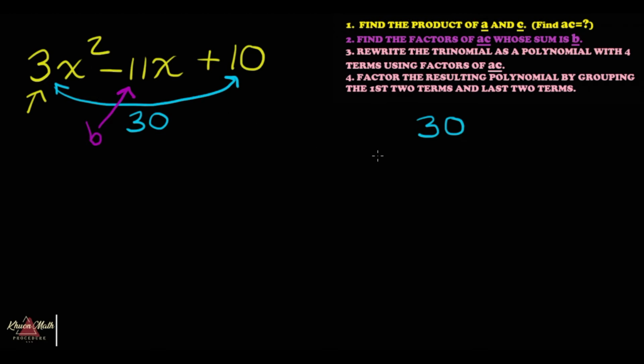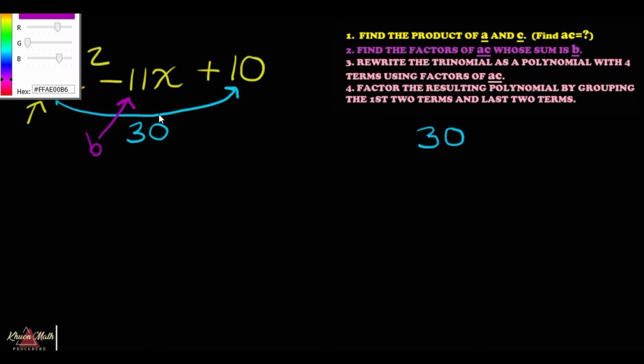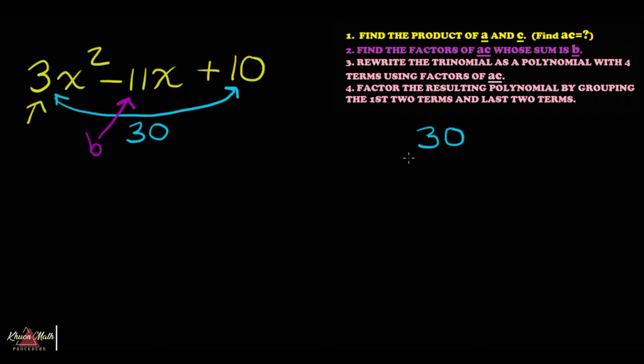Now we can go through a big process, but this one's pretty easy. It's not like you have to come up with factors of 500. So, factors of 30.